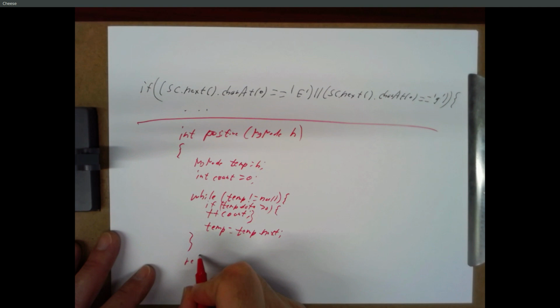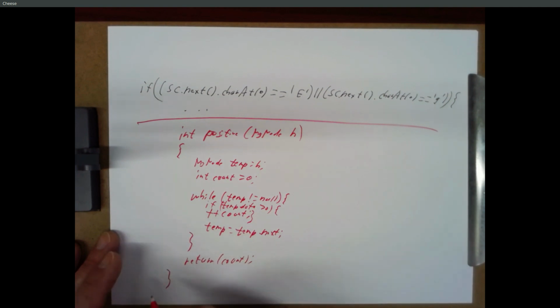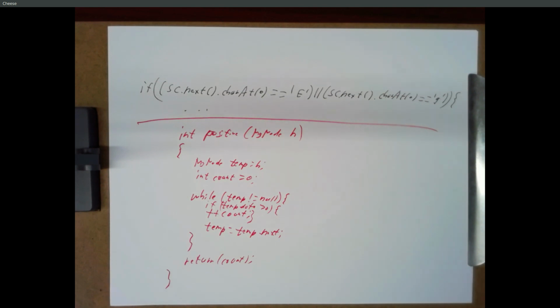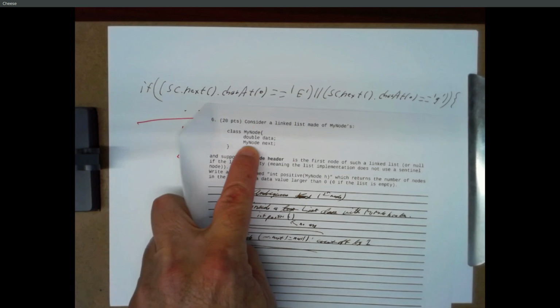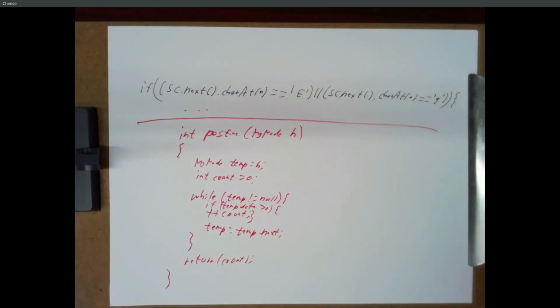And then when we're done, just return count. And this was a double data, right? So bigger than 0 means bigger than 0, not bigger than or equal to 1.